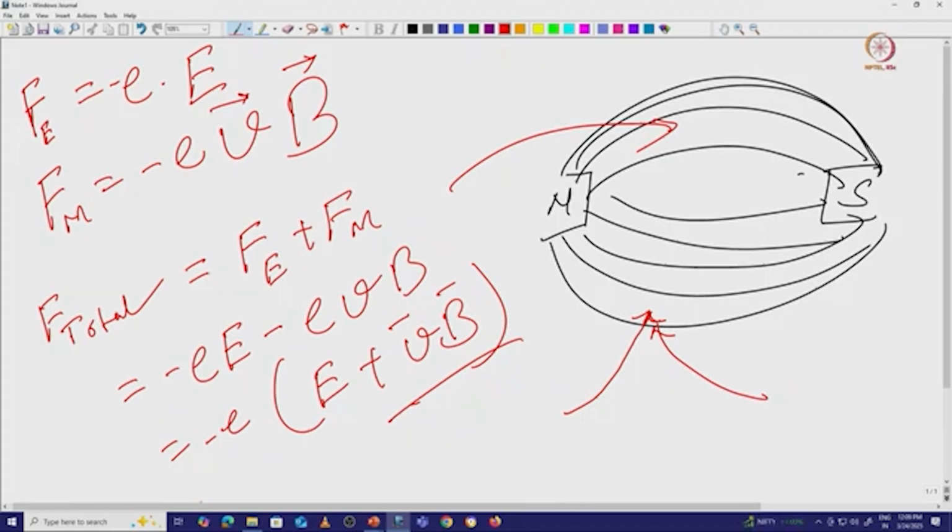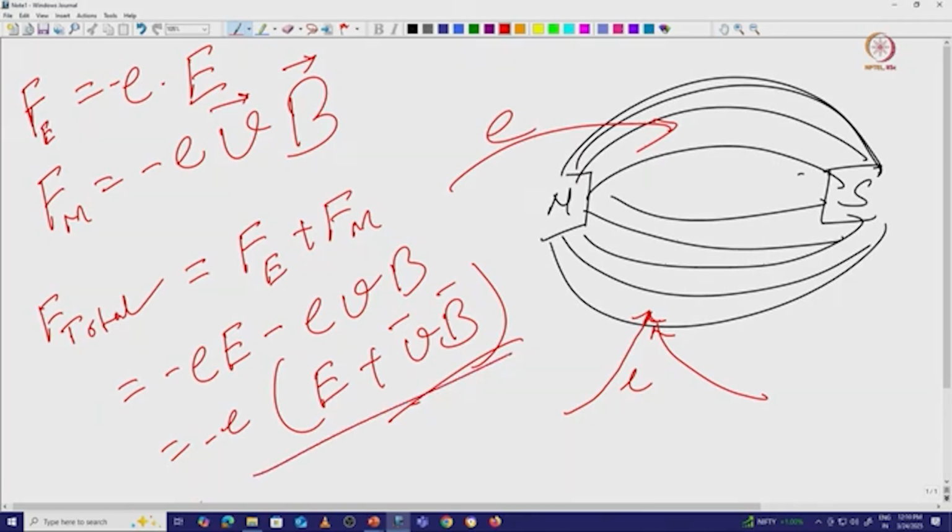So it is very simple that if the magnetic field is going in this direction, and if one electron is trying to enter, and if there is no velocity, it is not going to change the magnetic field or electric field in the surrounding area, and it has no effect. But if it has a velocity, then it will face some kind of force, and that we can calculate from this one.